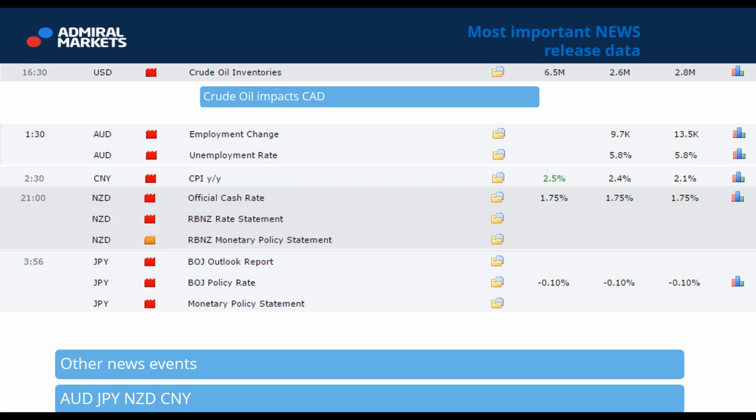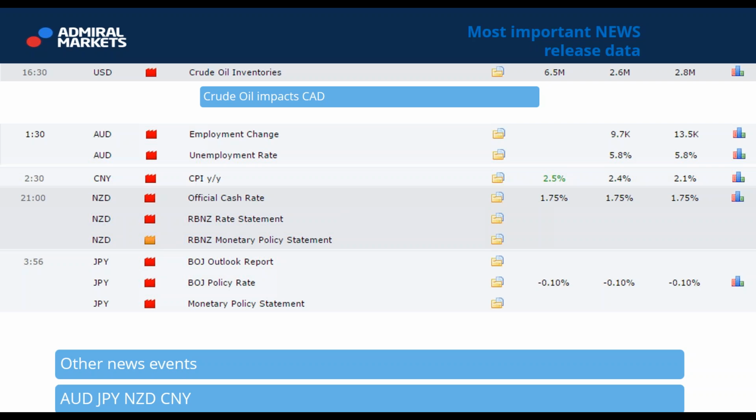So try to focus on CAD currency pairs, and have in mind that the news can be very, very strong for equities also. So it will have an impact on GBP yen, dollar yen, those pairs that are connected to yen pairs, and yen pairs are connected to equities, S&P 500. Of course, watch for that, guys. Crude oil will impact it.